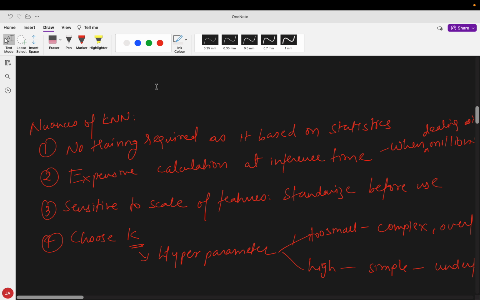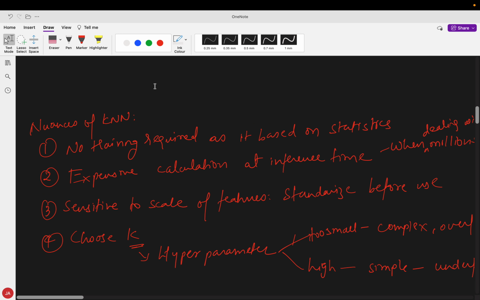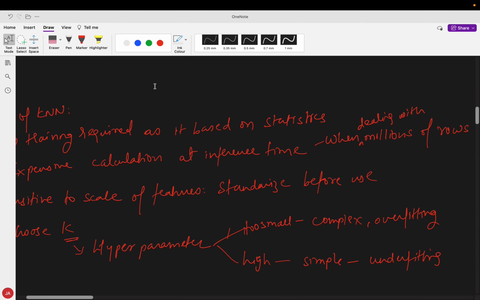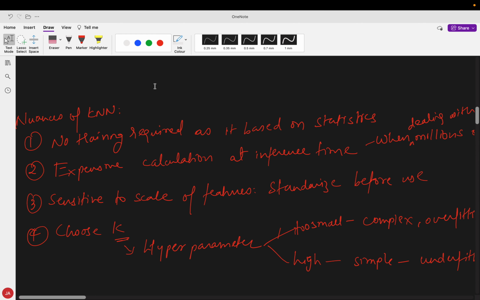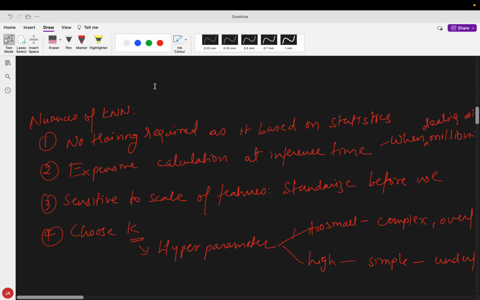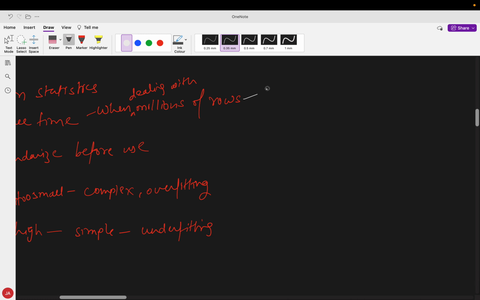But it has expensive calculation at inference time when dealing with millions of rows. It is very expensive to use in production, as it needs to calculate the distances between each and every row. When we have millions of rows, it would be much slower, so it would be very slow at inference.